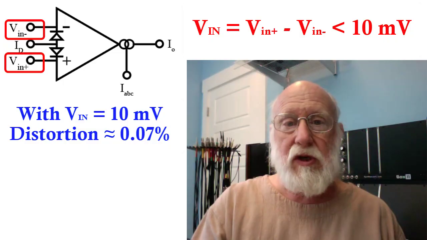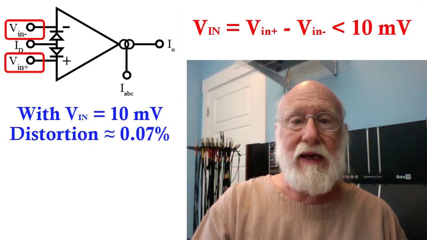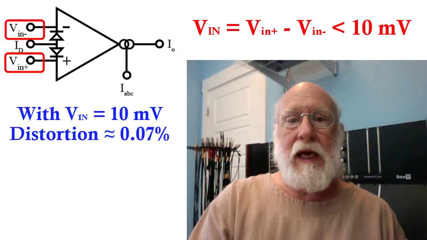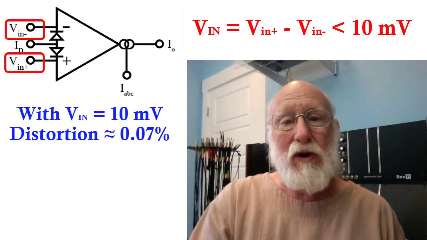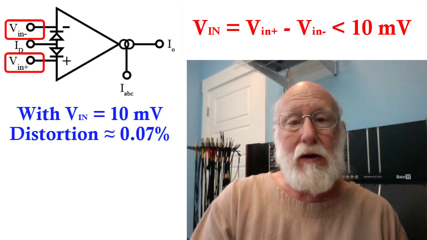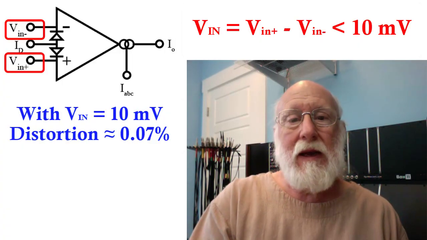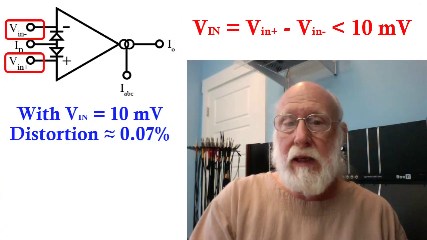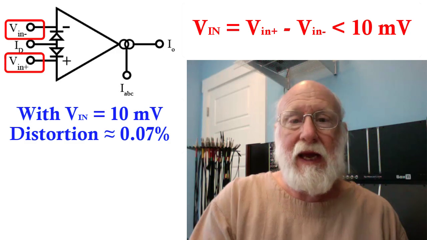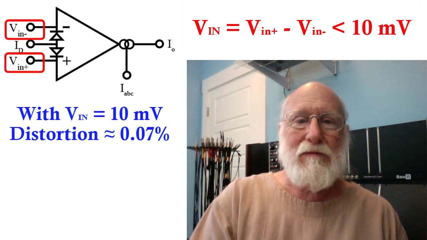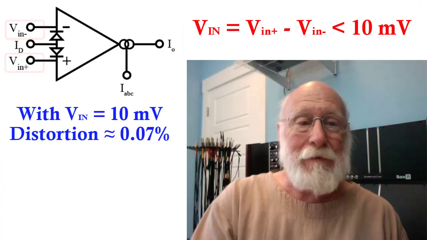Now this is assuming that you want to maintain a reasonable amount of linearity. If you can stand a little bit more distortion, you can drive it a little bit higher than that. And in fact, I have seen circuits that deliberately use the nonlinearity and deliberately overdrive those inputs. But that's another issue altogether.